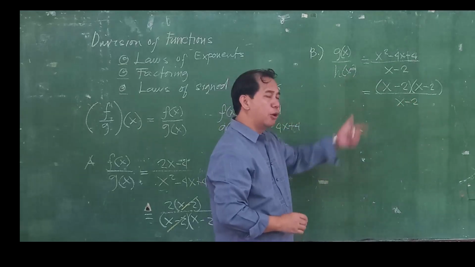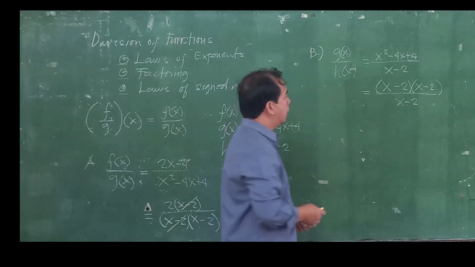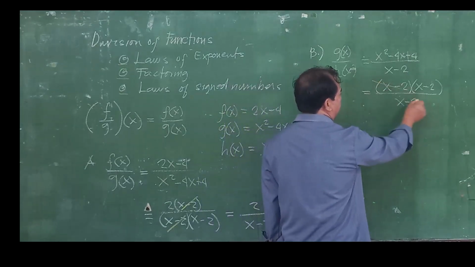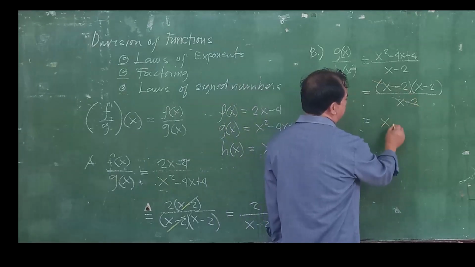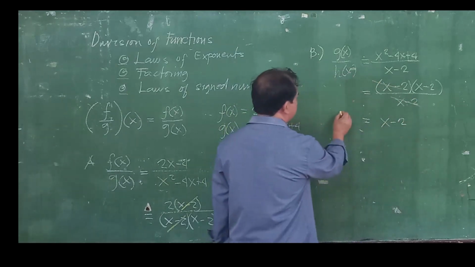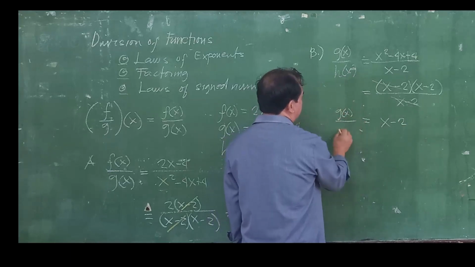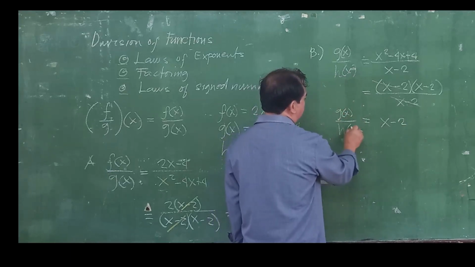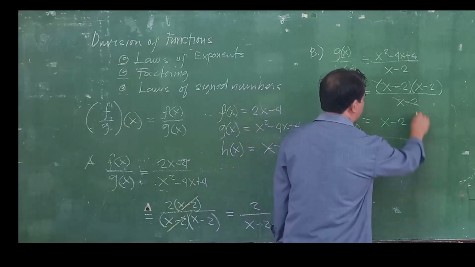Notice that they have common factors, numerator and denominator. What would be next? That's the time you divide, or shall we say, cancel. So what is left? x minus 2. And that is the result of g of x divided by h of x.